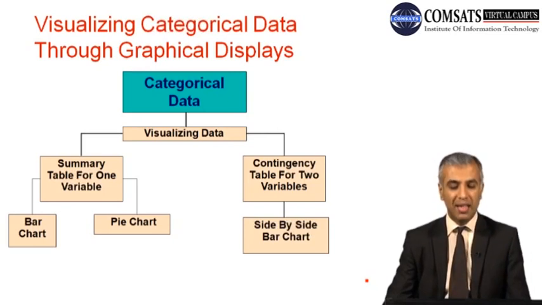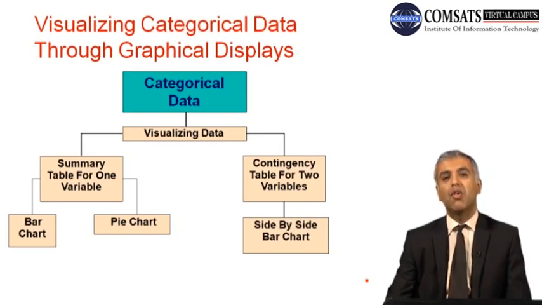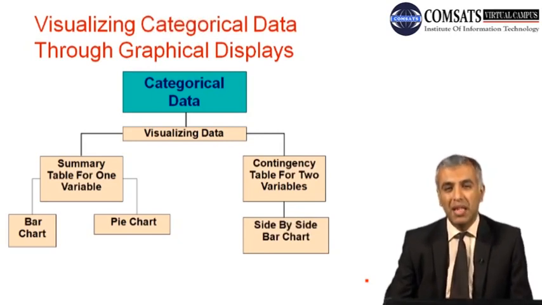In this case, a summary table for one variable can be represented in the form of a bar chart or a pie chart. There are many other forms of charts, but the most commonly used are the bar chart and the pie chart.